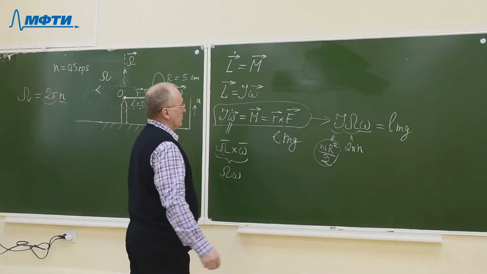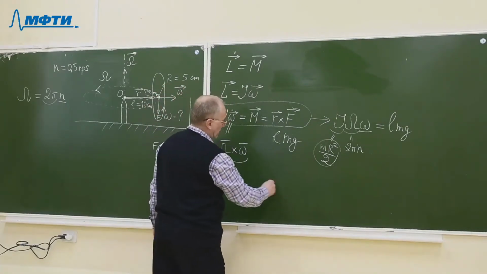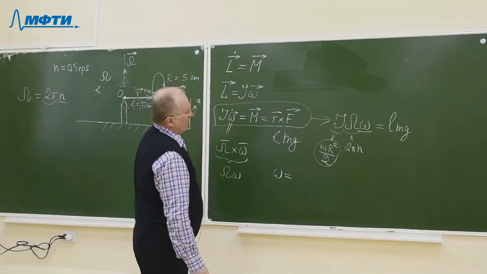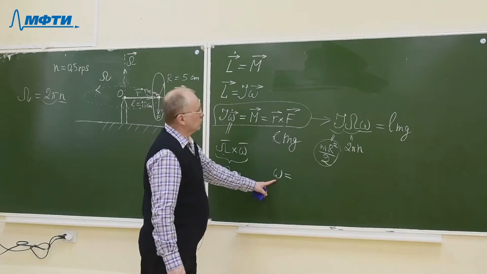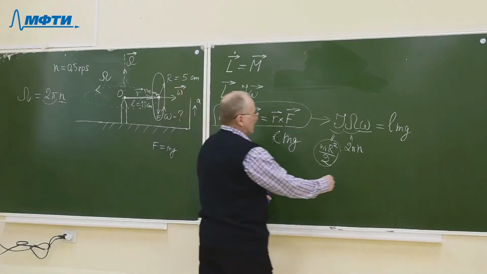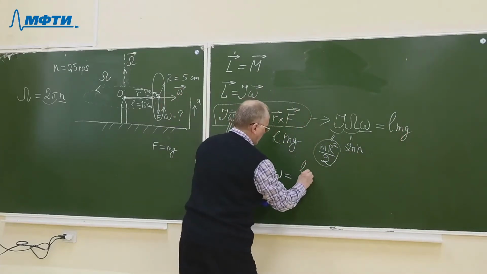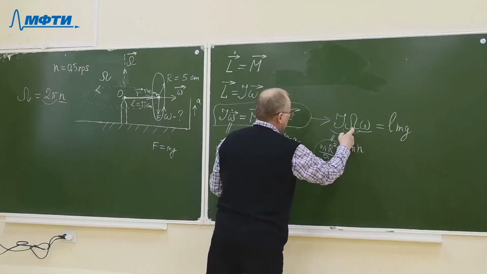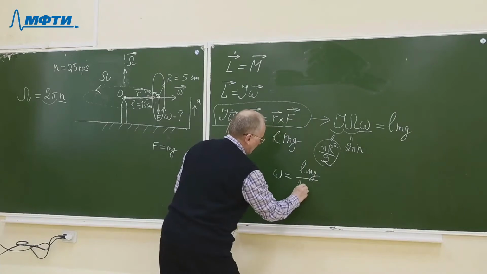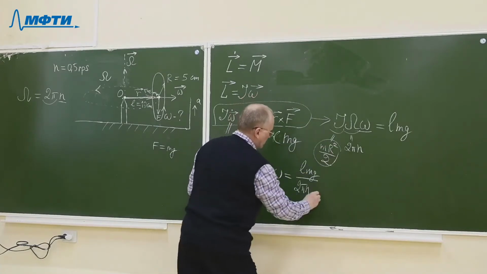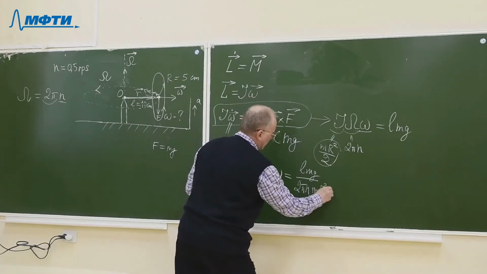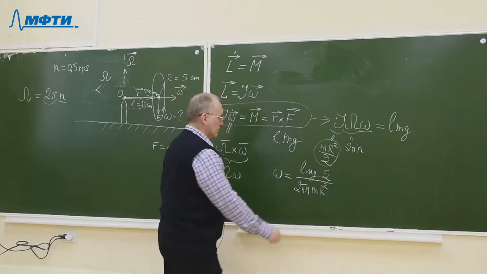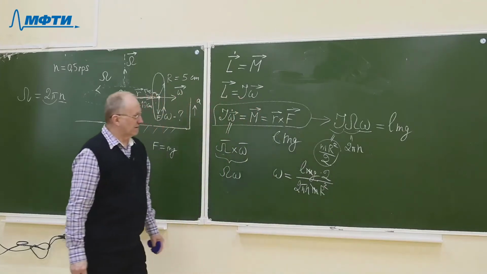And so we can find the final answer for small omega, for lowercase omega. That will be LmG divided by 2 pi n and moment of inertia, which is mr squared divided by 2. Therefore, 2 will go to the numerator of this formula. M will cancel.